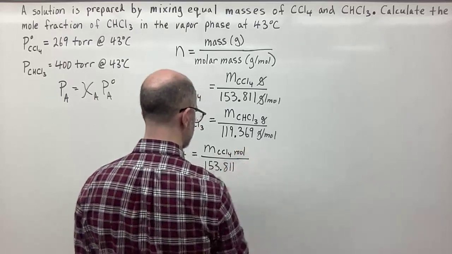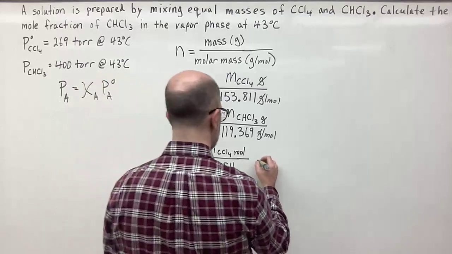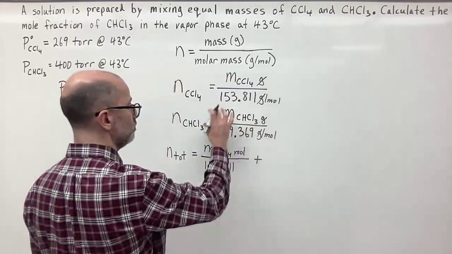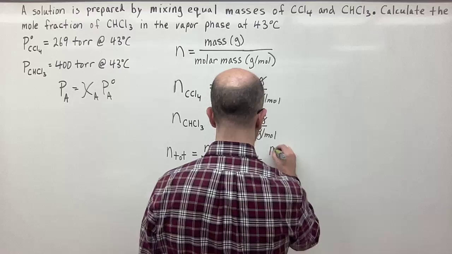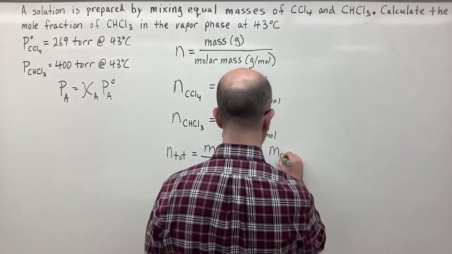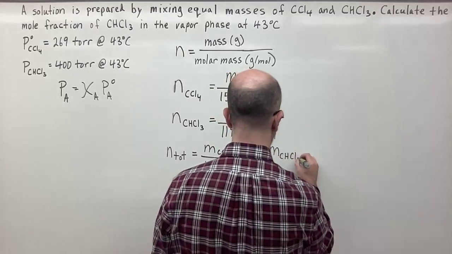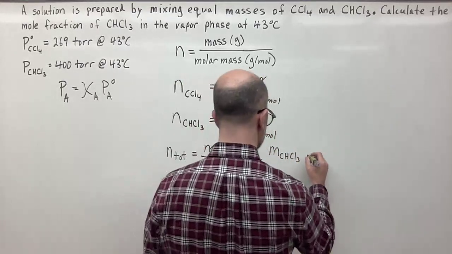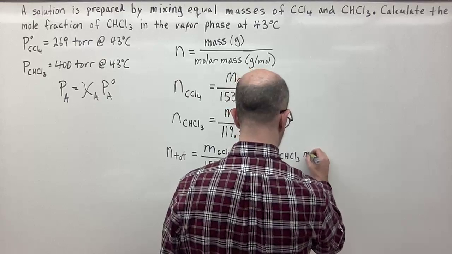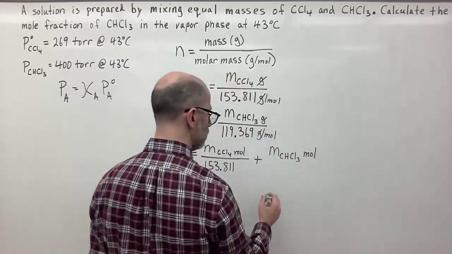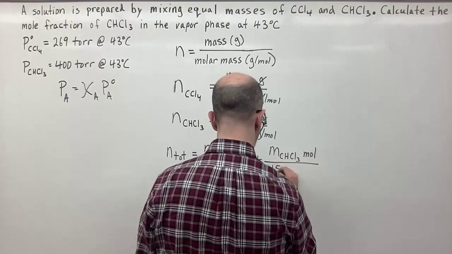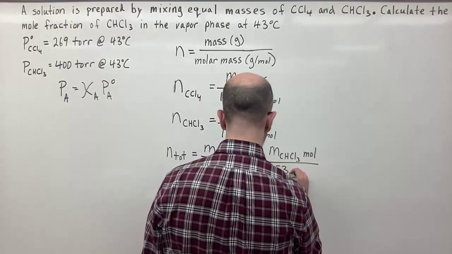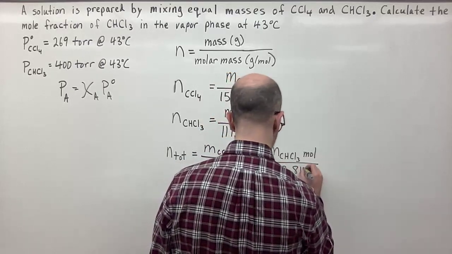We're putting moles on top since grams canceled out. Plus this part here, the mass of CHCl3, and the units are moles, divided by 153.811.